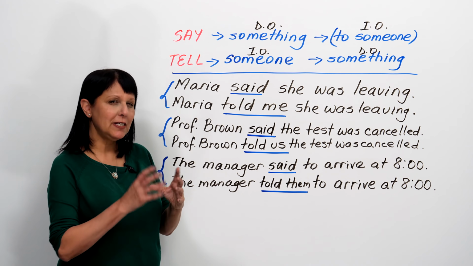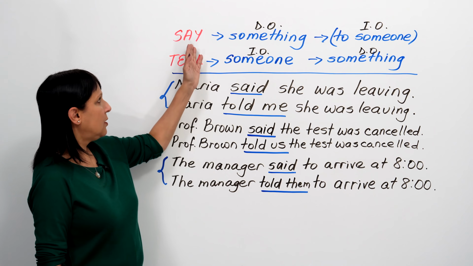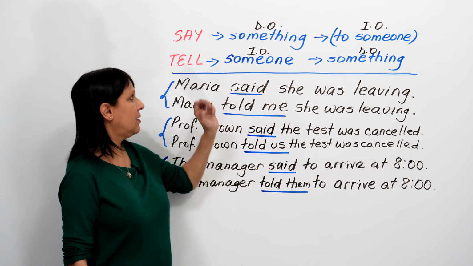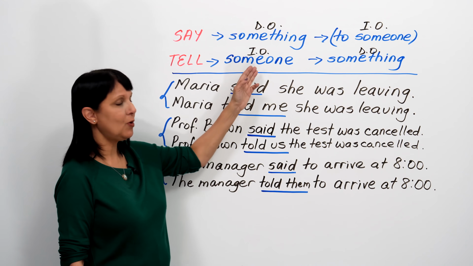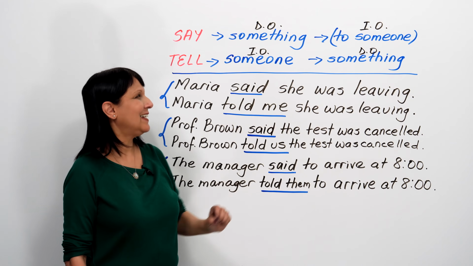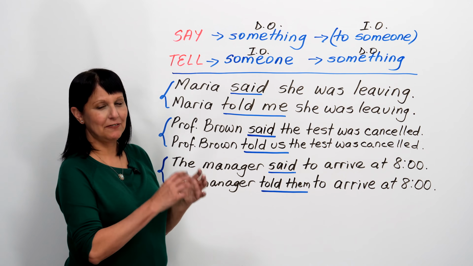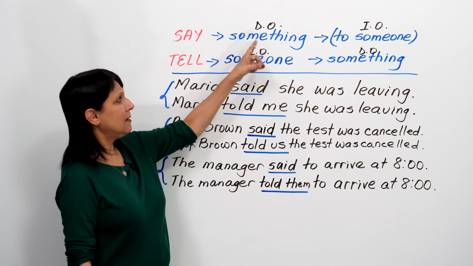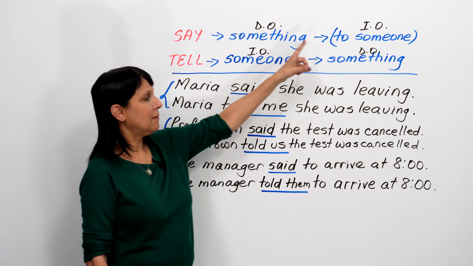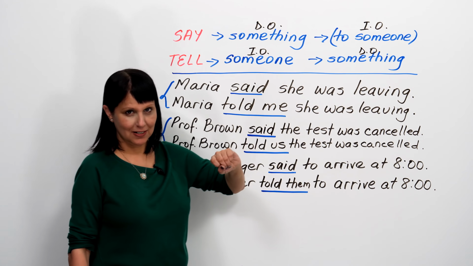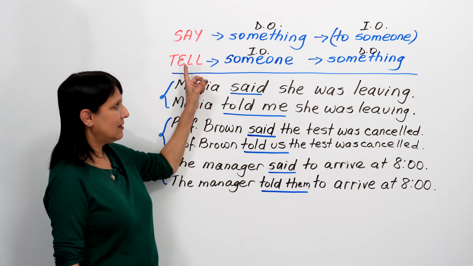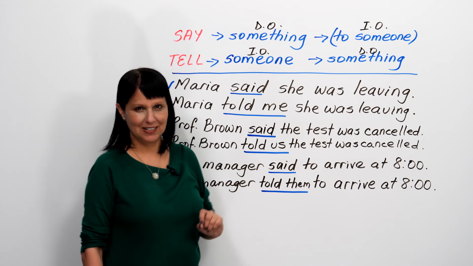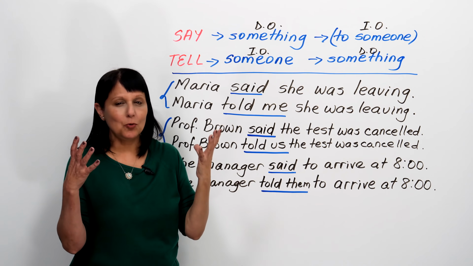So if we really compare these two, we say something to someone or tell someone something. Okay? Grammatically, if you're interested in the details, it's basically say plus a direct object plus an indirect object, and tell plus an indirect object and then a direct object. But those are just grammatical words, okay?